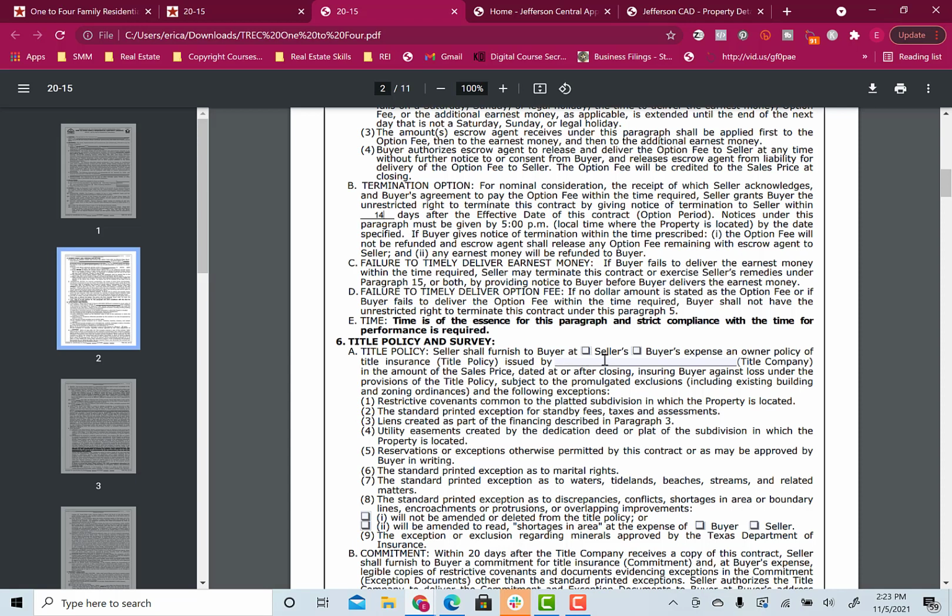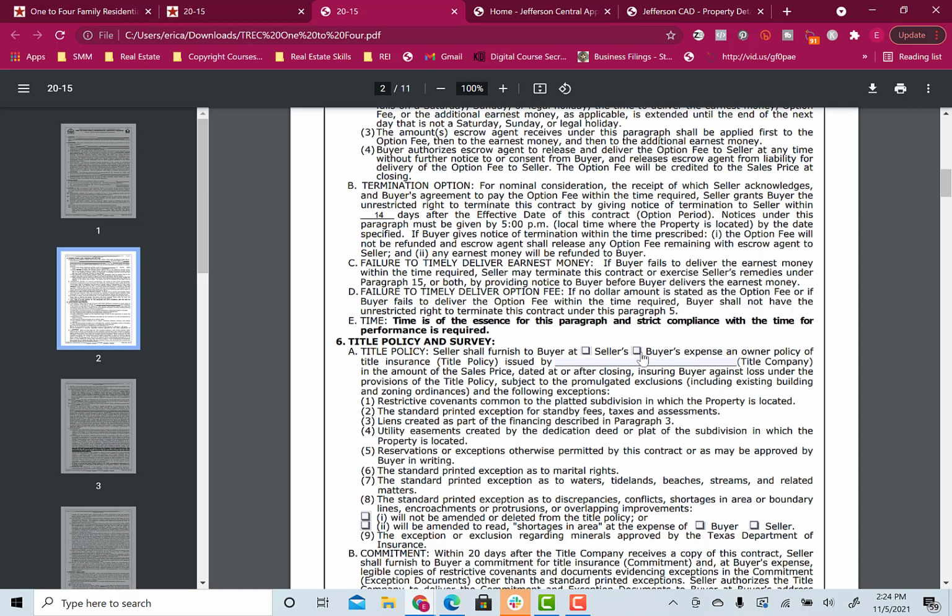The title policy. This is something that typically the seller has paid in the past, but if you are competing against a lot of offers as a buyer, you may offer to pay for this. It has to do with the purchase price amount, and you can find out how much you would owe if you go to a title insurance calculator, and you can figure out how much that would end up being depending on the price of your home.